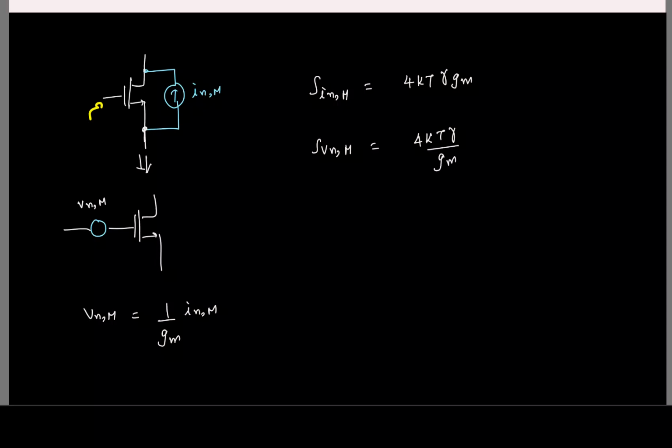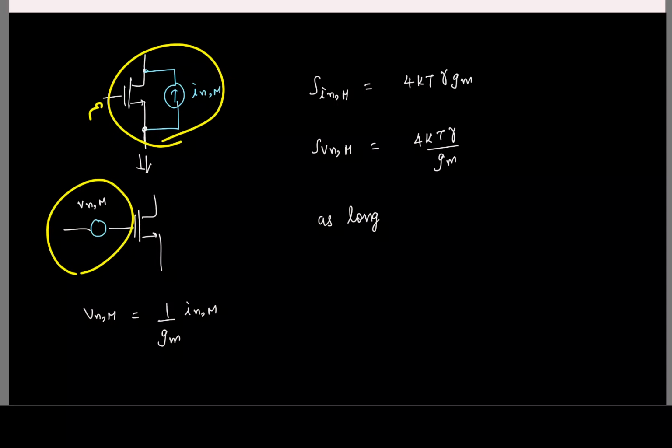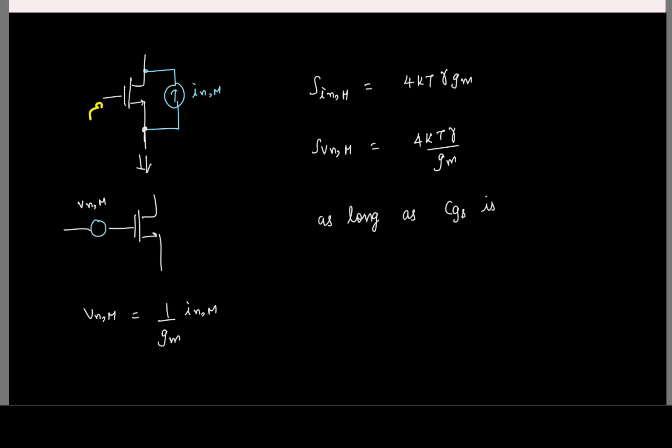Okay. So this is true as long as I don't consider the gate capacitances. Please remember that I can model the effect of the noise at the input using a voltage source only if my input impedance is infinite. Okay. And for MOSFET that is true if I don't consider the gate capacitances. So as long as, let's say, CGS is neglected, I can say that the noise of MOSFET can be modeled like this.